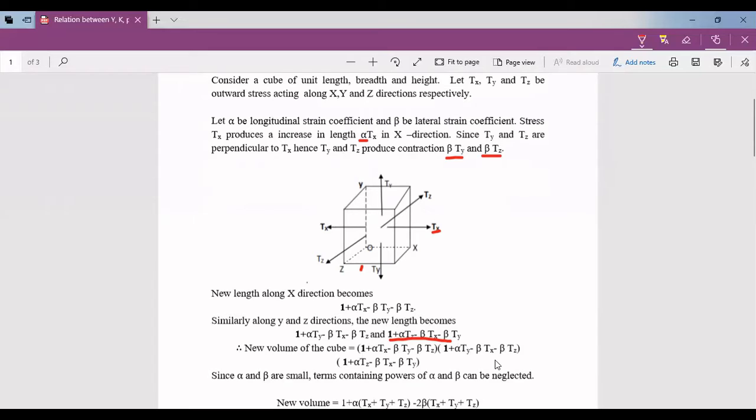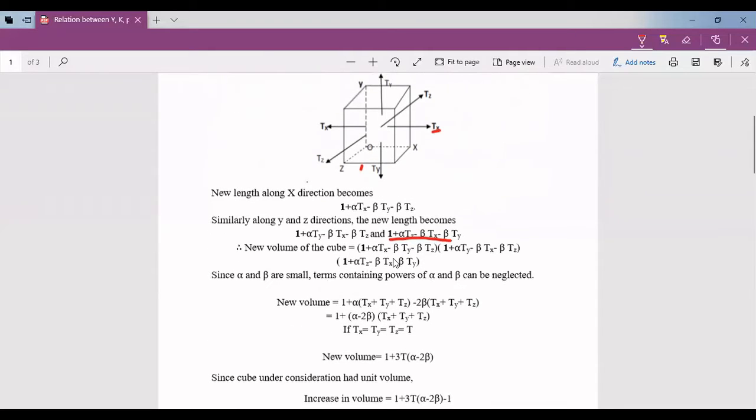So write like this and write the equation. Now open the brackets, we get a big equation. In that equation, alpha and beta are very small, and the terms containing powers, like alpha into alpha gives alpha square, and beta into beta gives beta square, we can neglect.